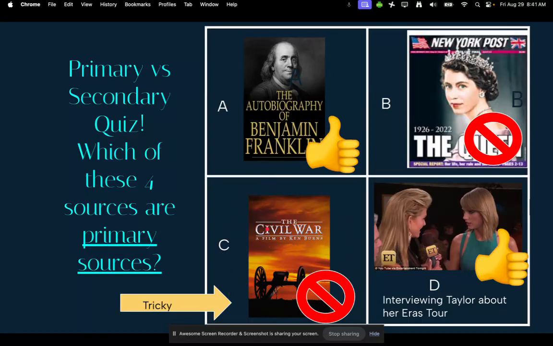But as a whole, documentaries are considered secondary sources. A primary source would be interviewing Taylor Swift about her Eras Tour. That is a primary source because it's literally asking Taylor Swift about her own tour.